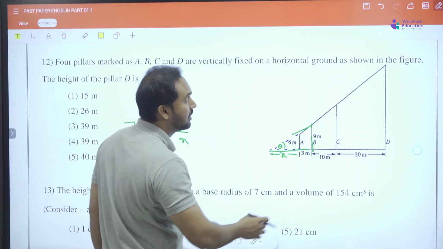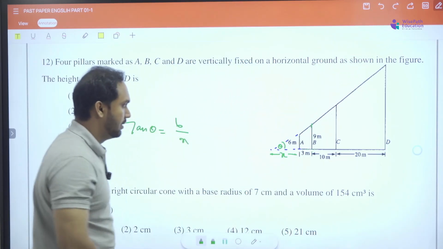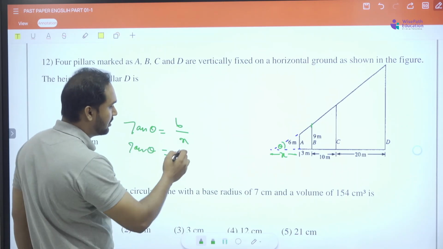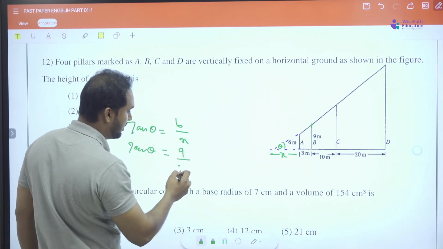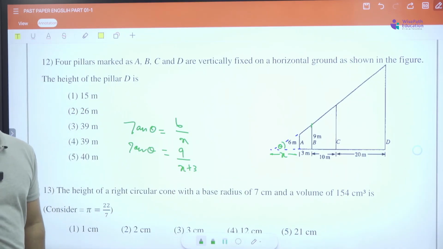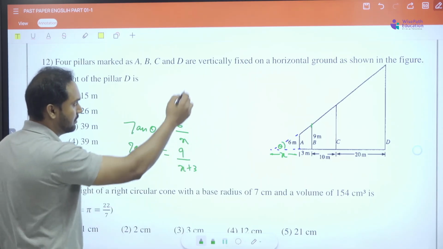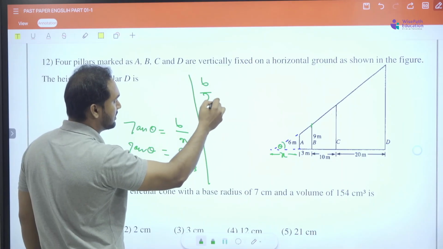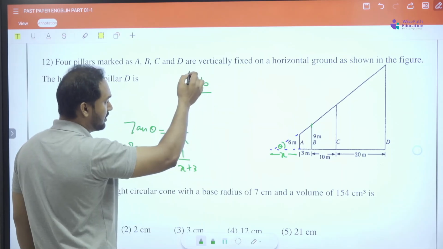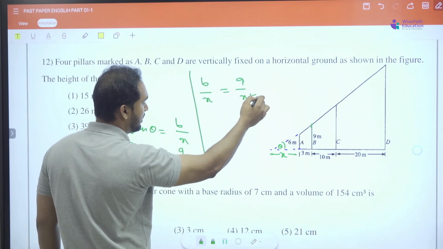That will be tan theta equals 9 over x plus 3. So it's the same tan theta, isn't it? If the left sides are equal, the right sides should be also equal. So 6 over x is equal to 9 over x plus 3.